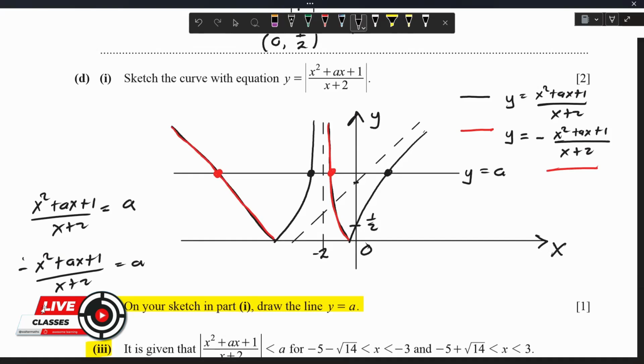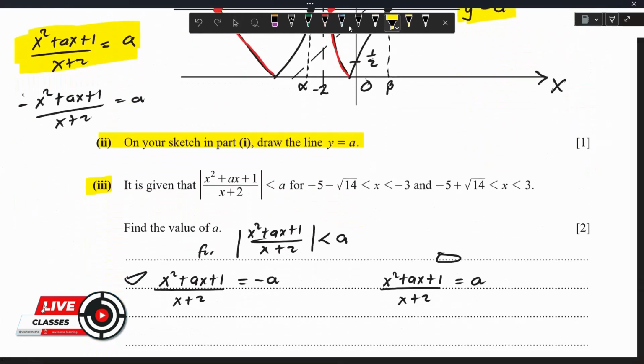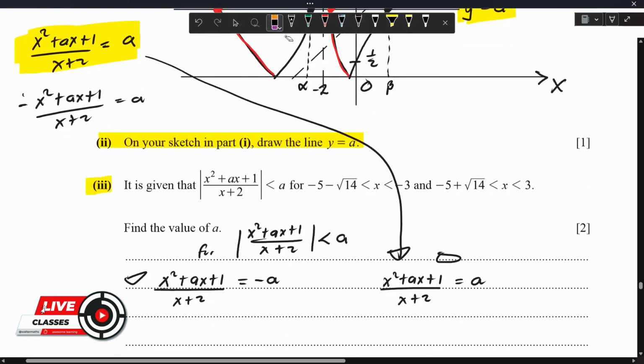For the first two points of intersection, let's call them alpha and beta, those are the points of intersection of this curve and the line y is equal to a. That's why I equated those two. This is the same thing I had written here already.